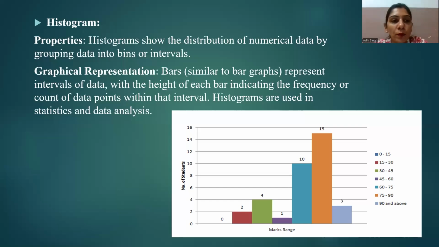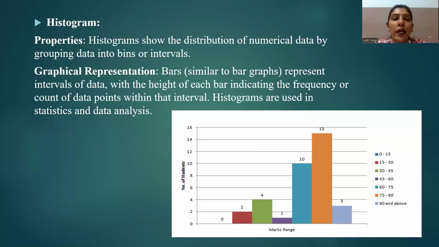There are some properties for making a histogram. Some properties we have already discussed in the construction of a histogram, but let's once again discuss them. Each bar or column in a histogram should be of equal width and correspond to each class interval.